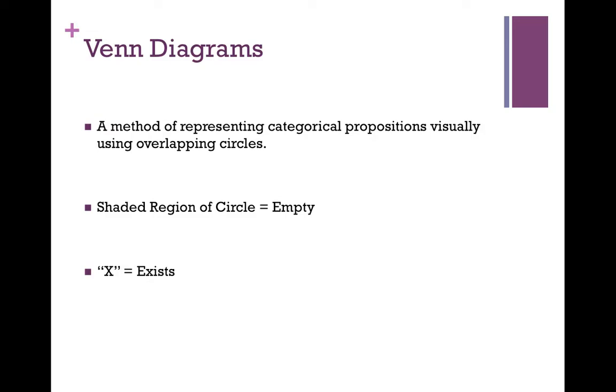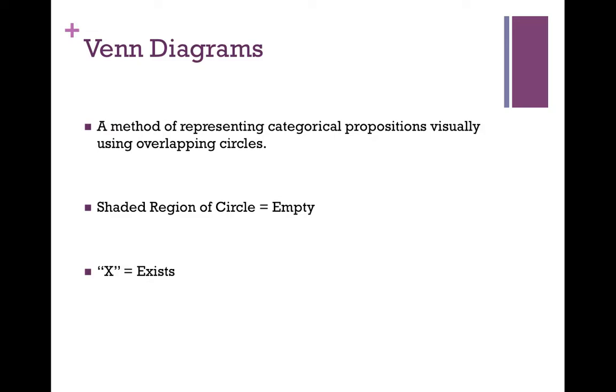One is we shade an area of the circle, and another is we use an X in the circle. The shade means that nothing exists in this area, whereas the X, maybe backwards to what you're thinking, actually implies that something does exist in that area.